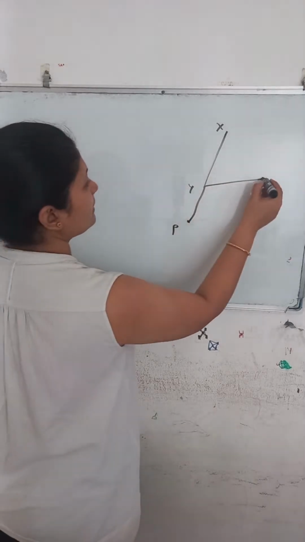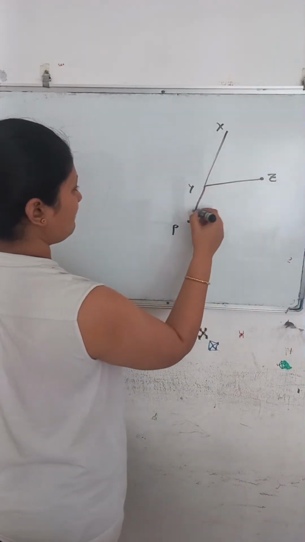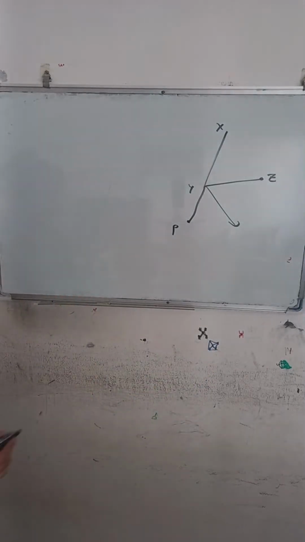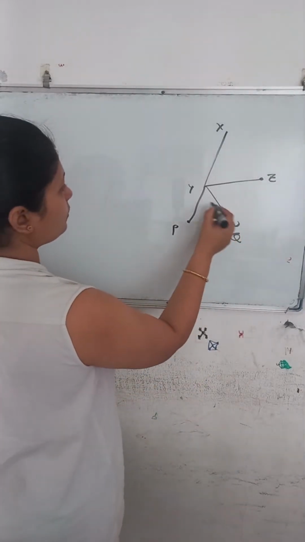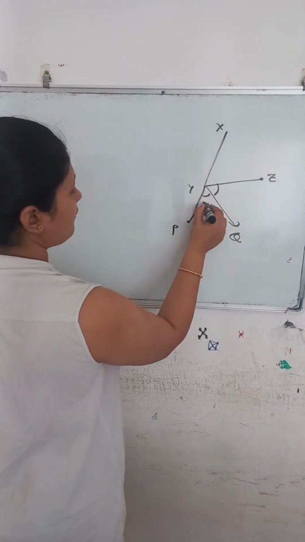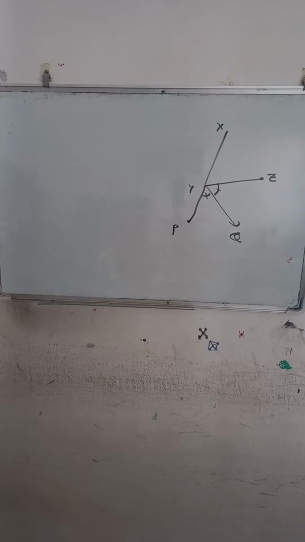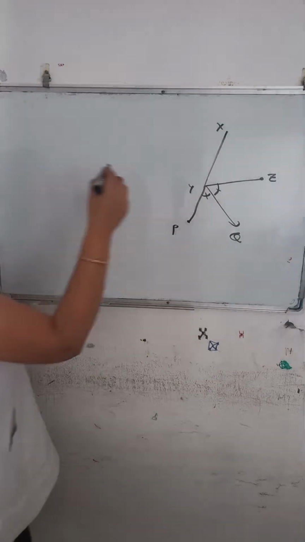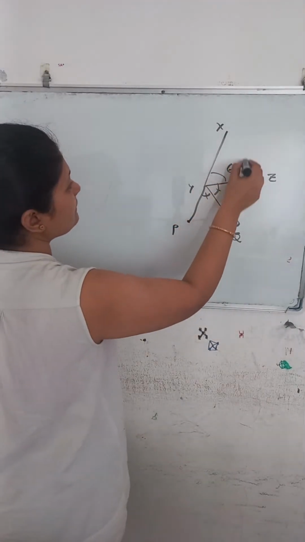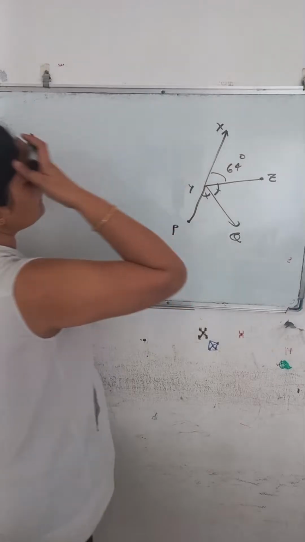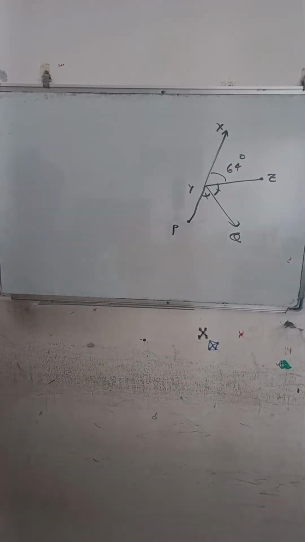Suppose maybe here somewhere, YQ bisects the angle ZYP. That means this is Q, and the angles which are formed here are the same. Angle XYZ is given here as 64 degrees. So here we have to calculate XYQ.